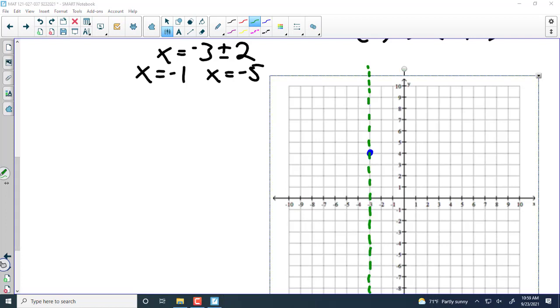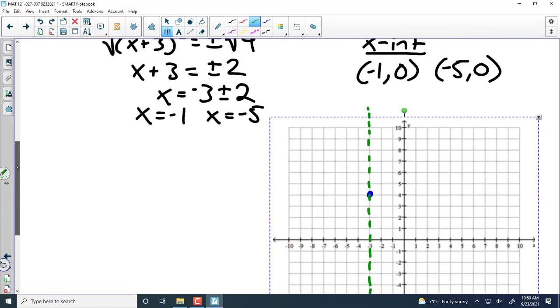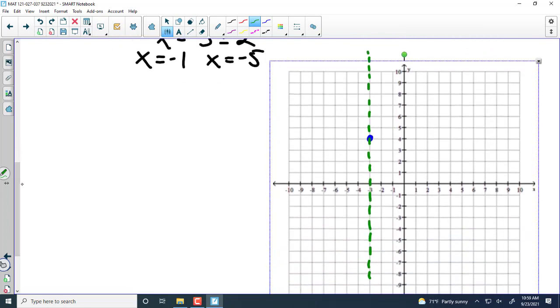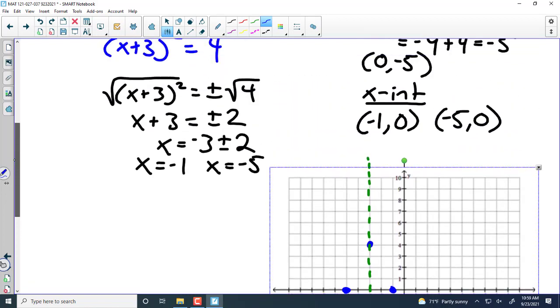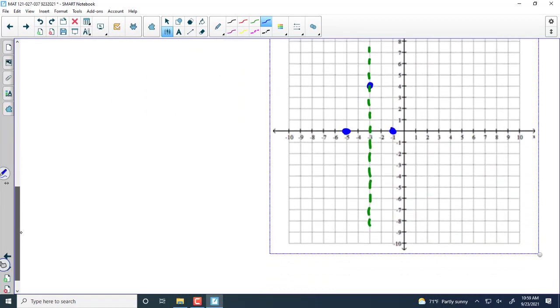What else do we know? Do we have some X-intercepts? Yeah, those should be equal distance from the axis of symmetry. Looks good. Do we have a Y-intercept? Yeah, negative 5.